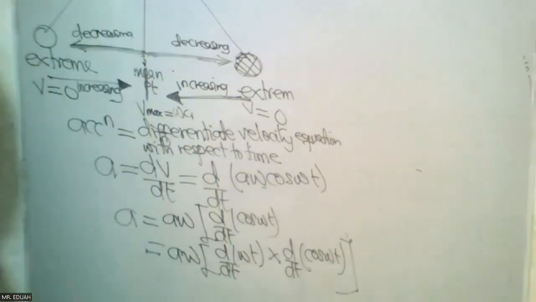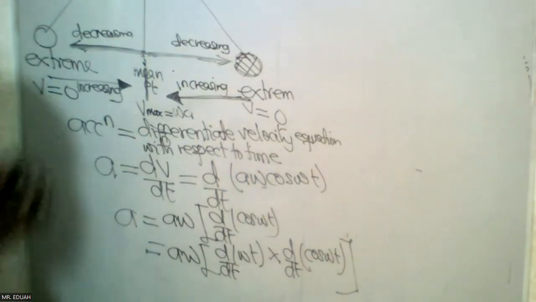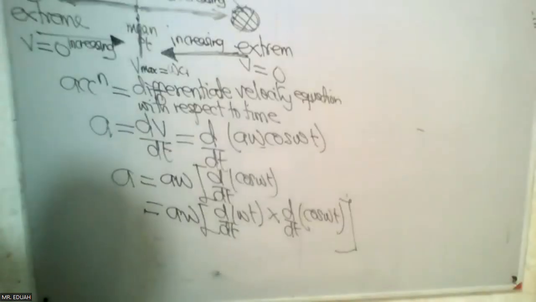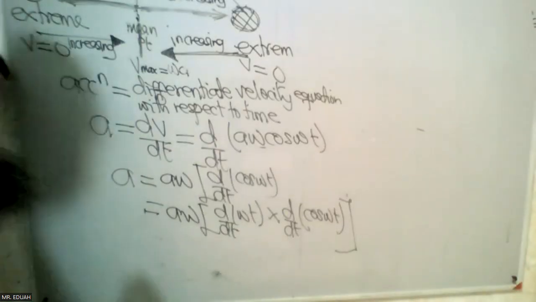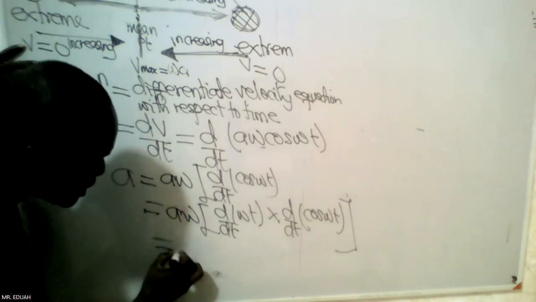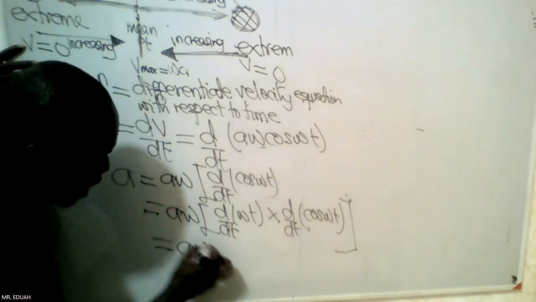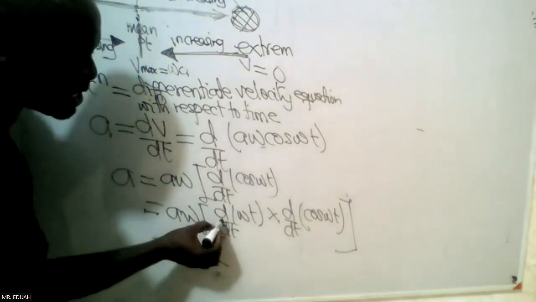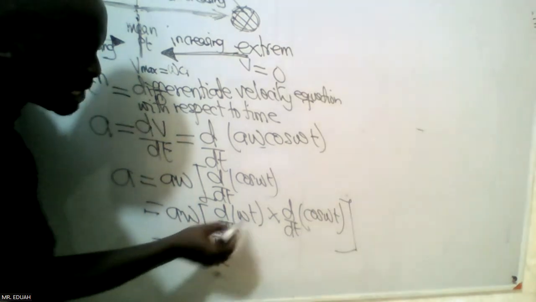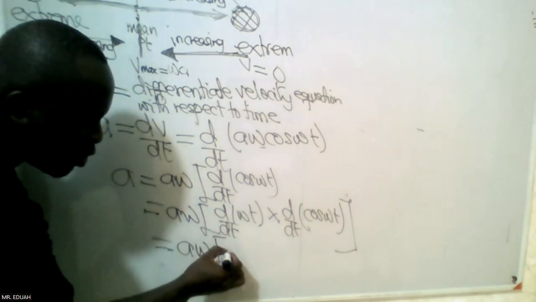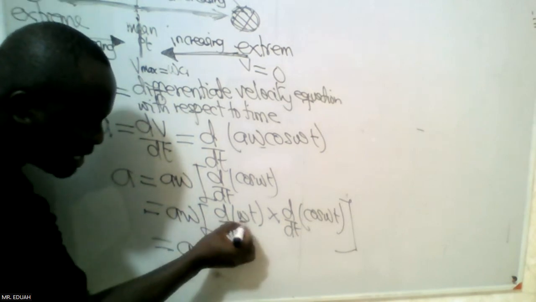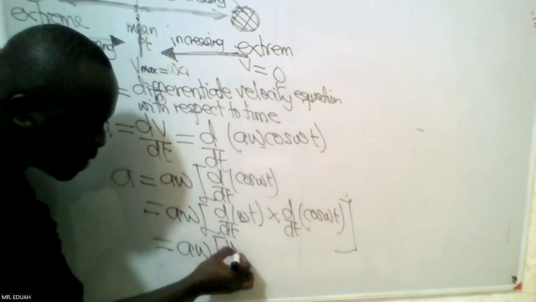Please, I'm applying this concept in mathematics, so please don't ask me to prove it because I'm borrowing the concept. So a omega stays out, and when you differentiate omega t with respect to time, it is equal to omega. This is like the coefficient, so it will come out.